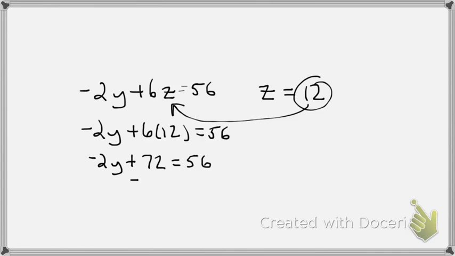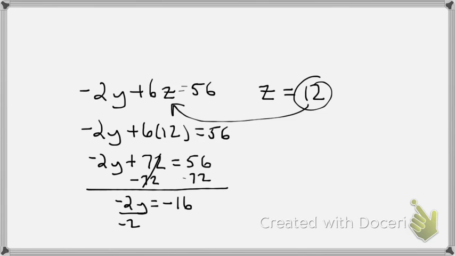I can subtract 72 from both sides, giving me negative 2 times y equal to negative 16. And if I divide by negative 2, I will get y equals positive 8.